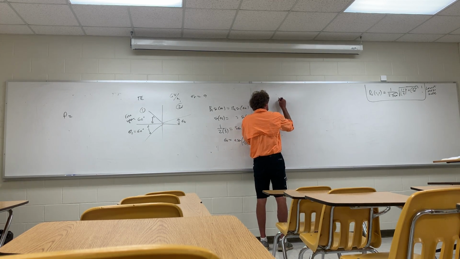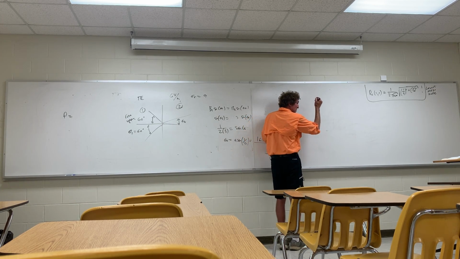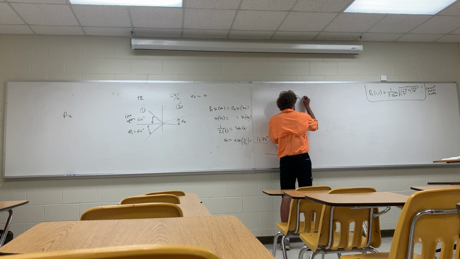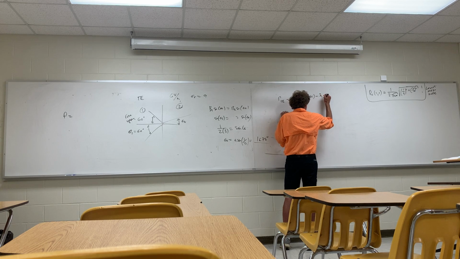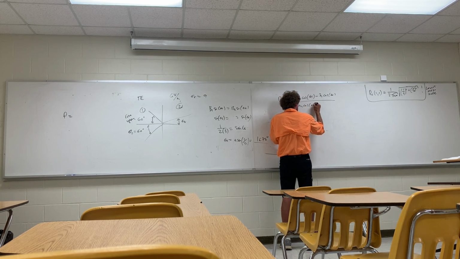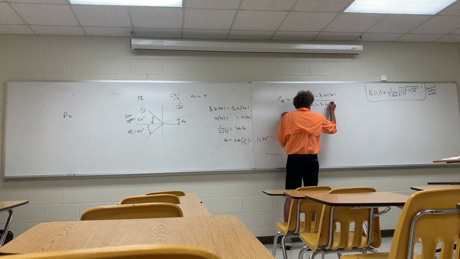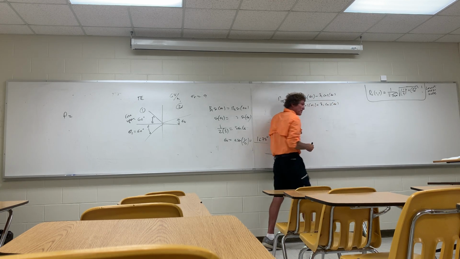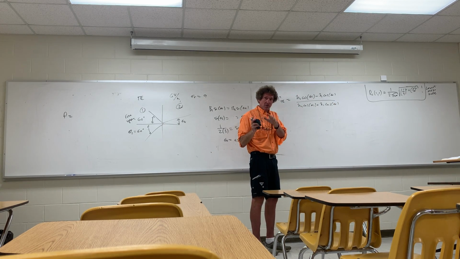So the reflection coefficient for a TE mode is what? Eta 2 cosine of theta incident minus eta 1 cosine theta transmitted over eta 2 cosine theta incident plus eta 1 cosine theta transmitted. All right, you all agree with this?